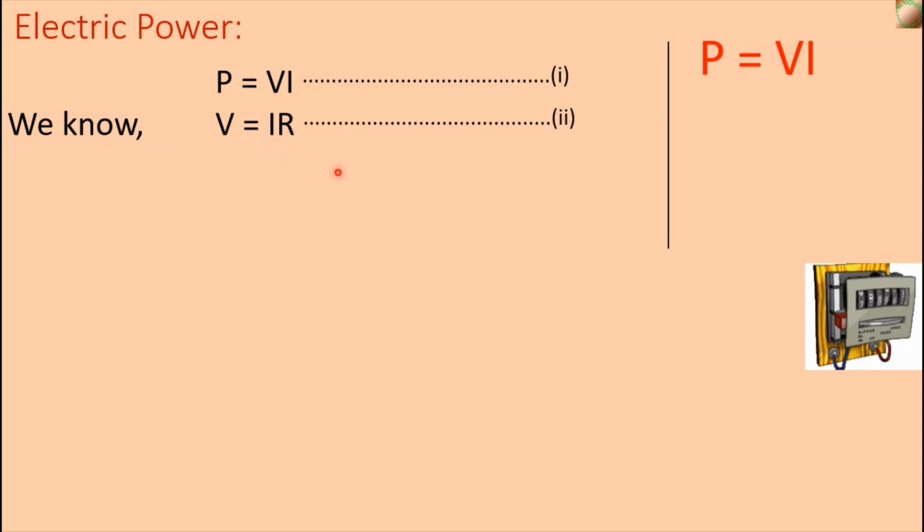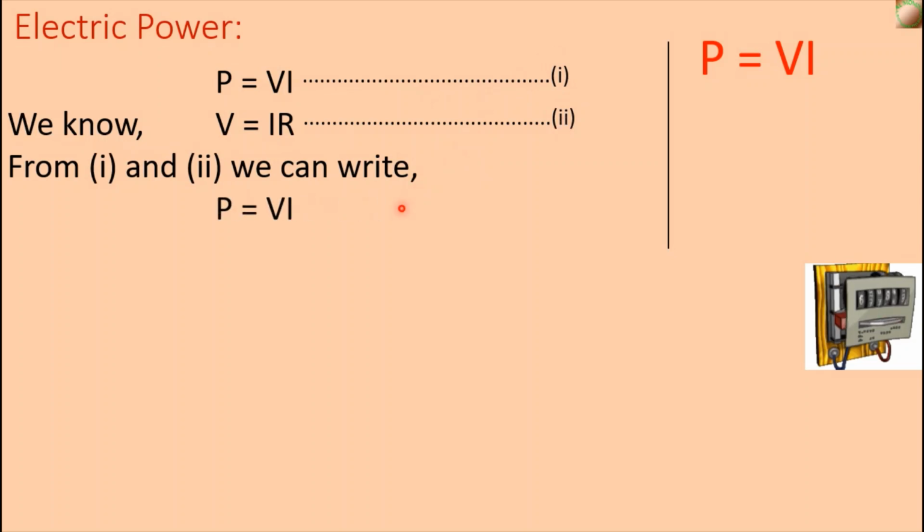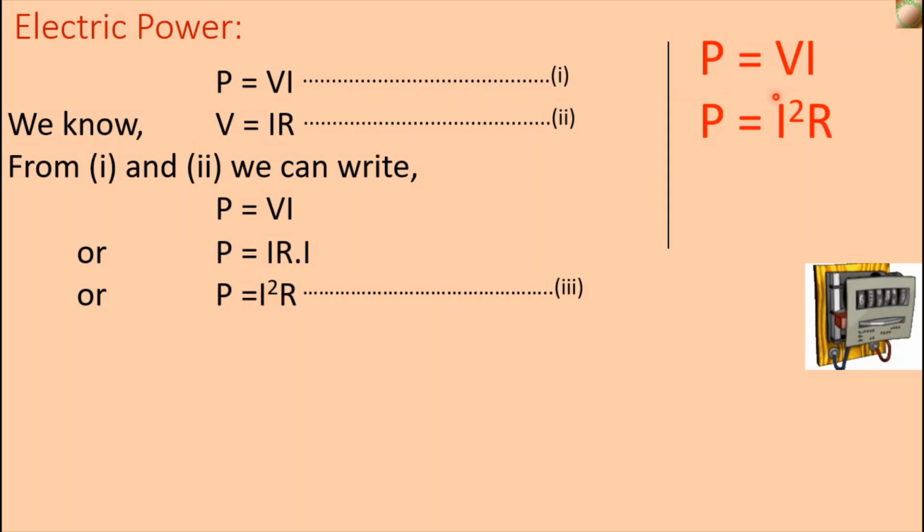From these two equations, we can write P is equal to VI, that is P is equal to IR into I. Here V means IR, so IR into I. This is equal to P is equal to I square R. That is another equation of power: I square into R. Here P is equal to VI and P is equal to I square R.